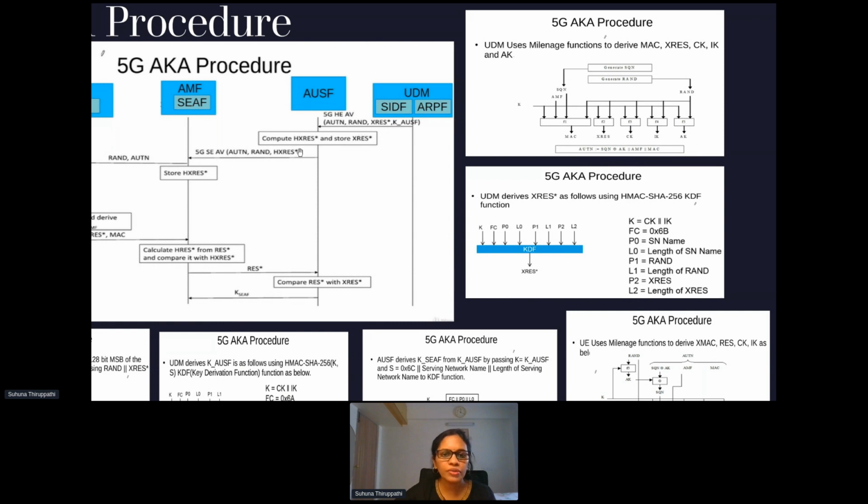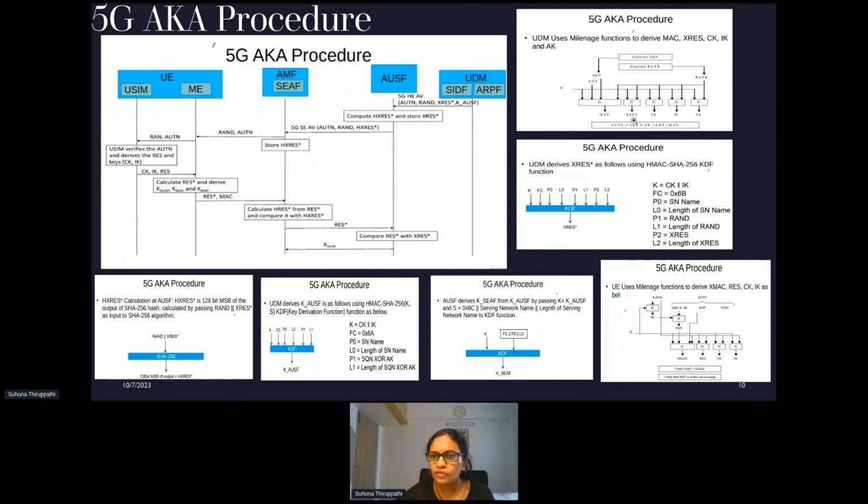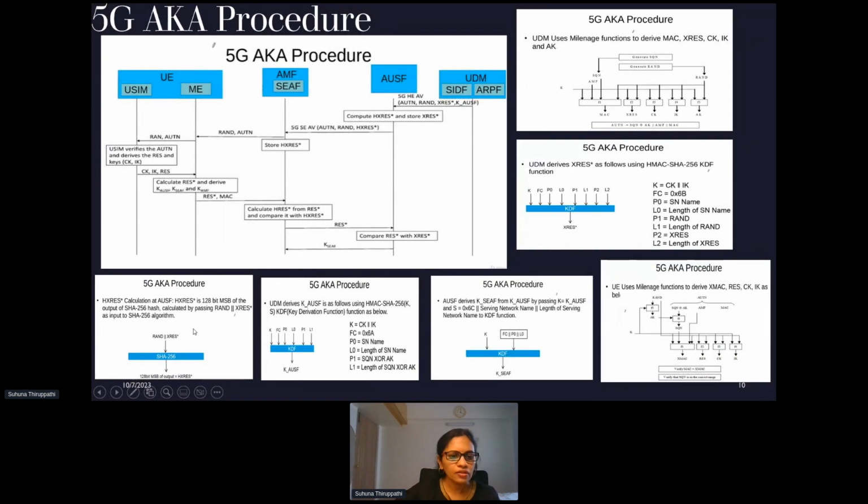The random number is just sent along with that. But how is XRES calculated? Here we received XRES, but here we are sending XRES star. The AUSF is the one which computes HXRES star and stores the XRES star within itself.